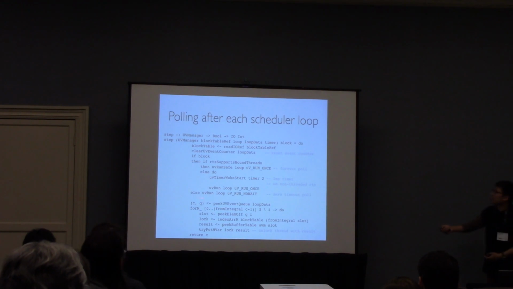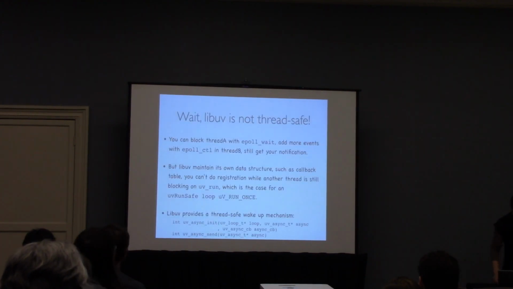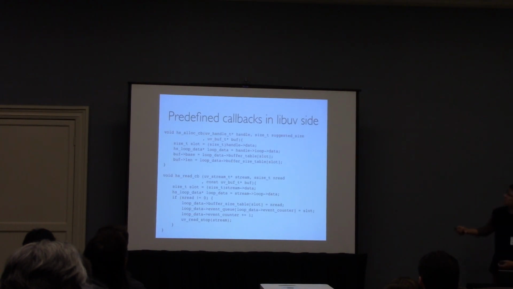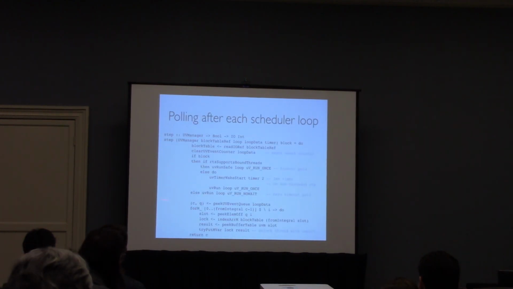After uv_run finishes, the callbacks have already been called. These callbacks are called during uv_run by libuv. So now we can pick the ping back. We can get how many events we saw, and each event has its slot number.